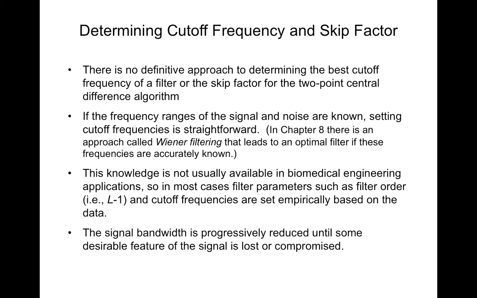It depends a lot on your data. Most of the time this is set empirically, usually done through trial and error, just seeing what different filters will do to different types of signals. So the signal bandwidth is progressively reduced until some desirable feature of the signal is lost or compromised, and that tells you to back off a little bit on your filter.